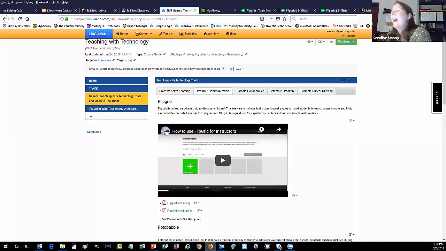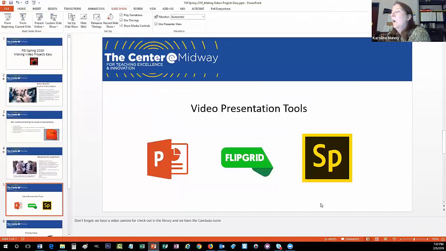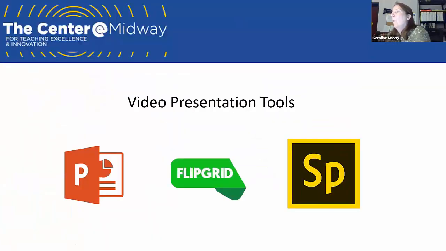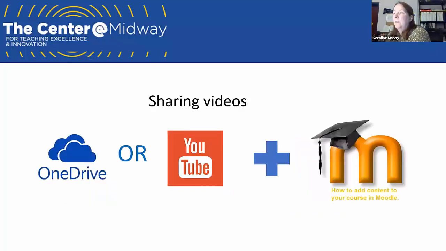Okay, now here's the $1 million question. Once you have these videos, how do you share them? That's the problem that a lot of professors run into. The reason that we decided to do this particular presentation for FDI is because we get a lot of questions from both faculty and students.